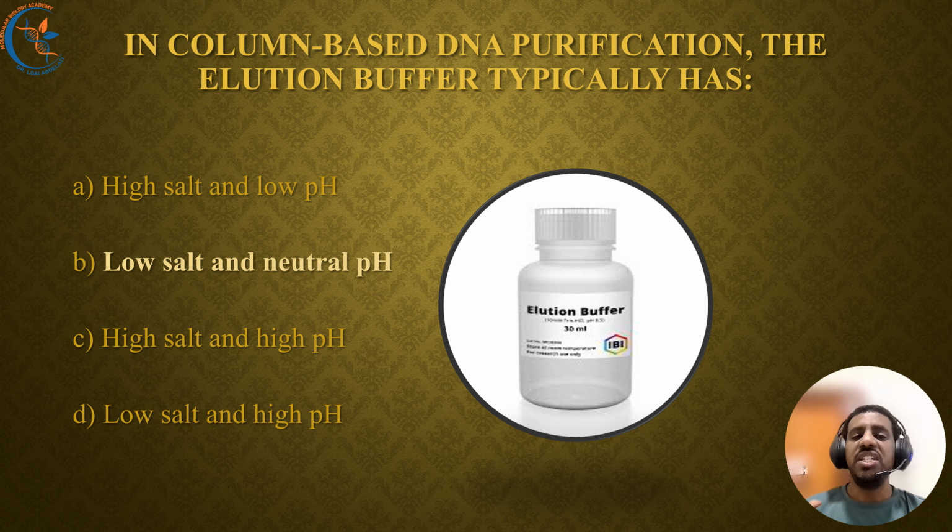So this is achieved by using elution buffer with low salt concentration and neutral pH. This buffer disrupts the bond between the DNA and silica, allowing the DNA to dissolve in the solution for collection. So the correct answer here is low salt and neutral pH.